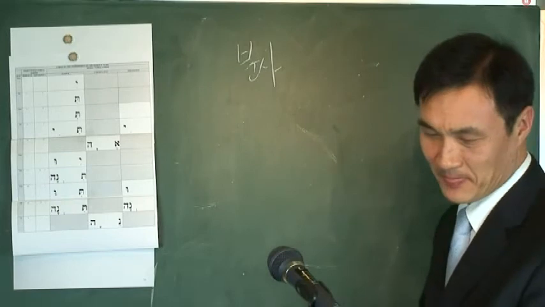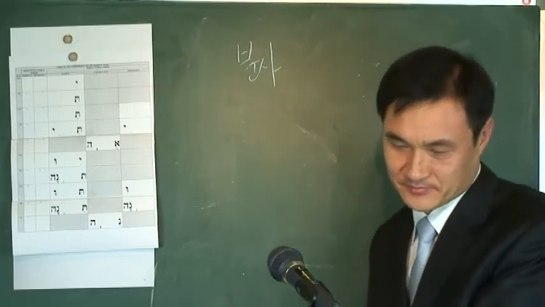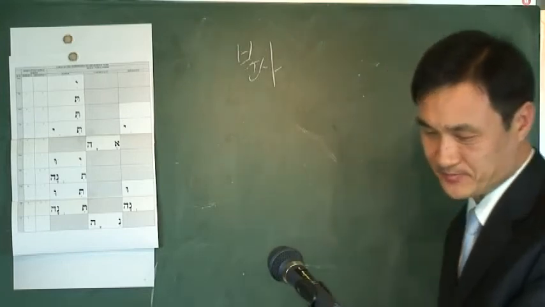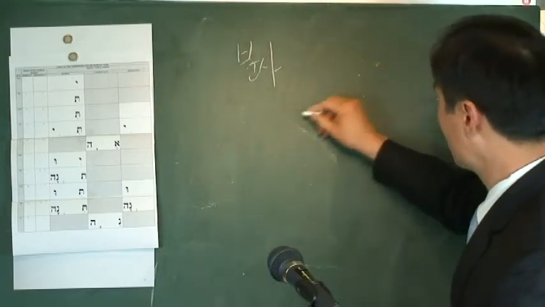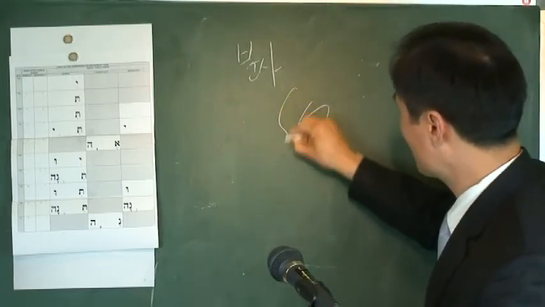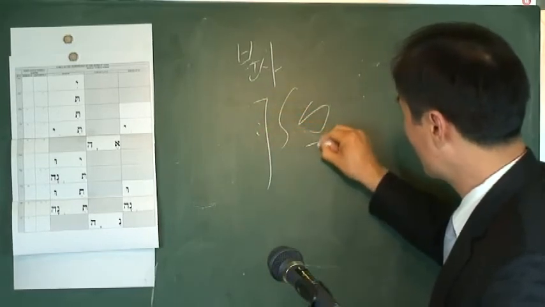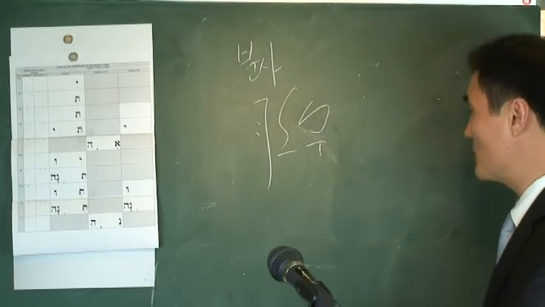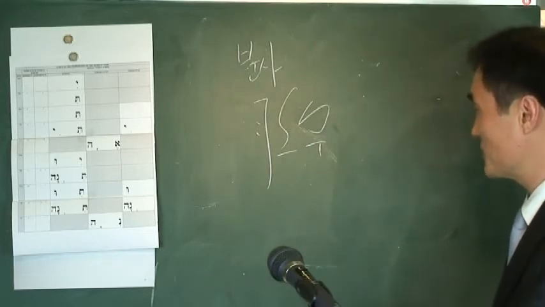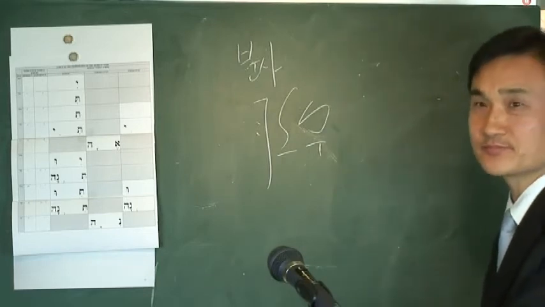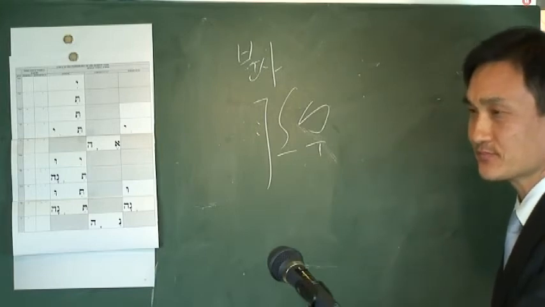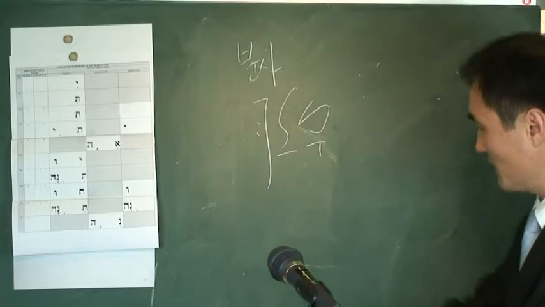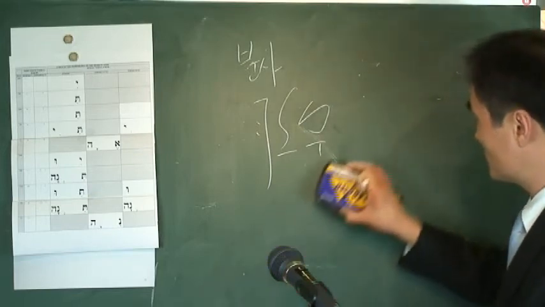Now let's discuss the participle forms of the Hebrew qal verb. We will use the verb malak to explain this. The qal perfect form of malak is in the third person masculine singular form.